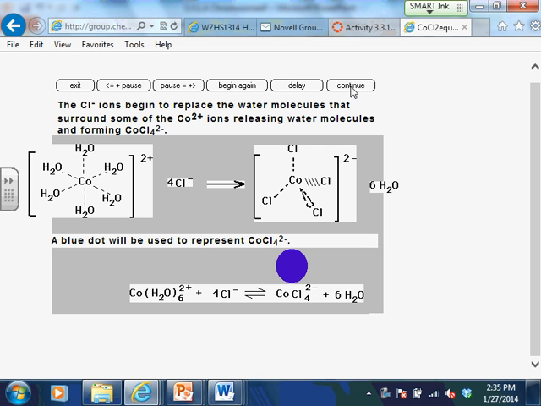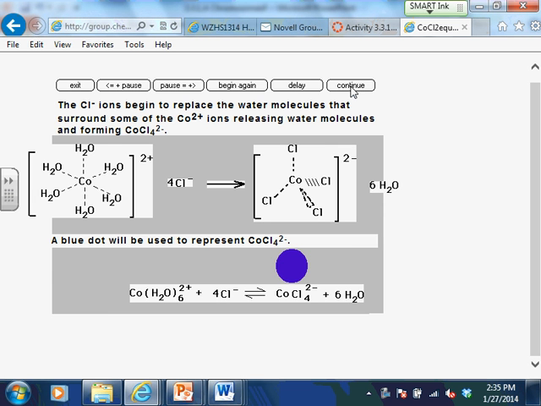So then what you end up with is an equilibrium that looks like the one at the very bottom here. You've got your cobalt H2O complex on one side, and you've got your cobalt chloride complex on the other side. And you can push this reaction one direction or another, okay?